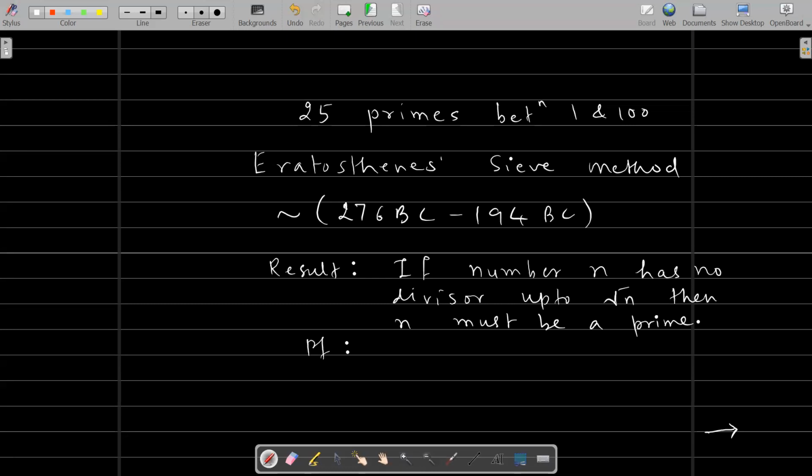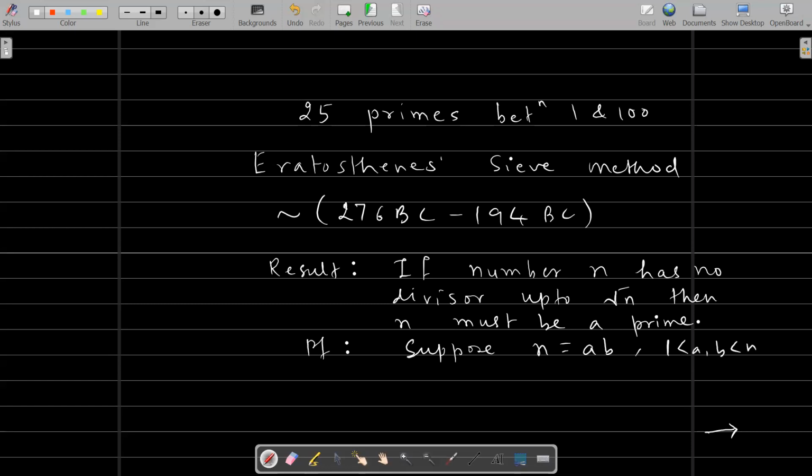Yeah, so a small justification or proof of that. Suppose n is not prime. So we are doing it by contradiction. n is not prime means n has some factors other than 1 and itself. Suppose n is equal to AB, where A and B are other than 1 and n.